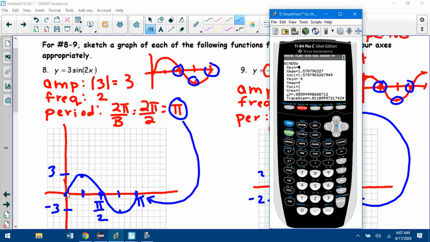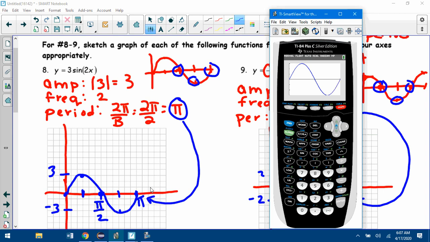So my x should go from 0 to pi. So I'm going to change this to pi. And my y's can go from -3 to 3 if you want. It's all about setting up the window and then seeing if when you hit graph, you get that one full cycle in that window. And you do.